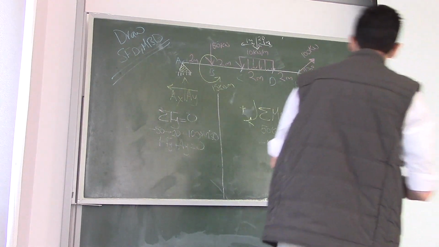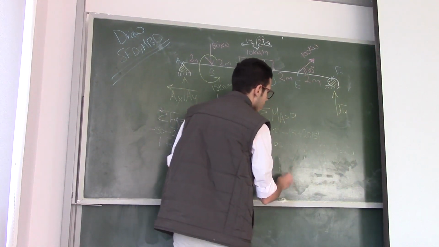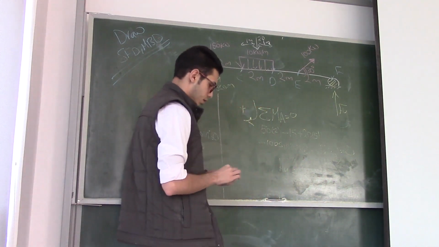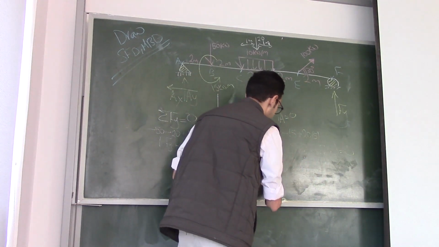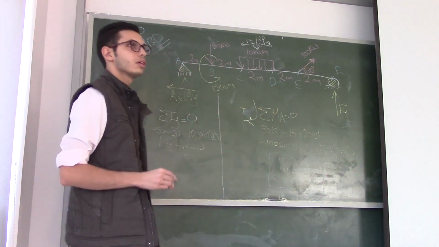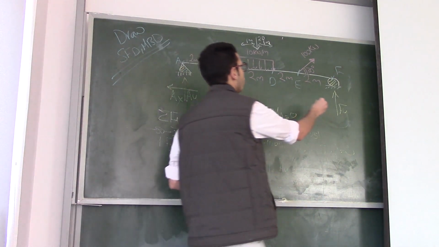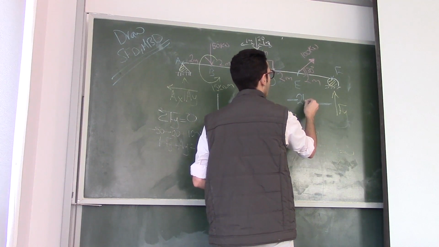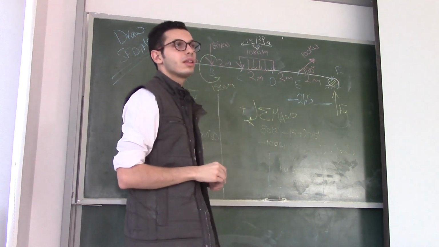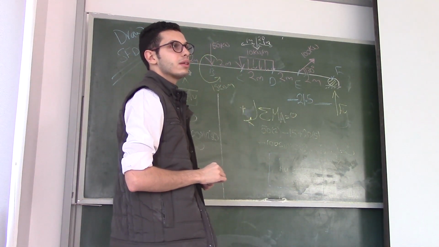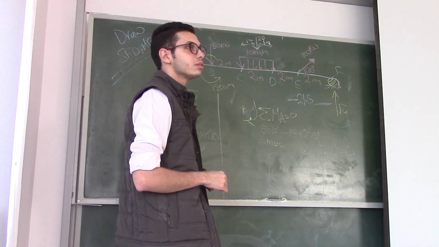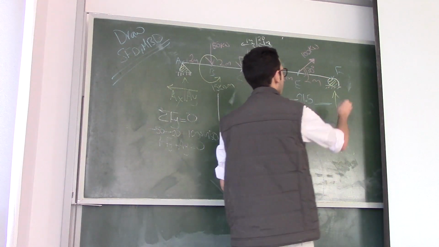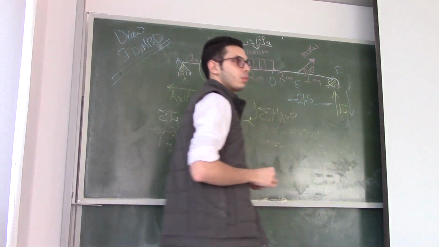So as I said, Fy is 21.5 kilonewton. Is it a negative sign? Yes, negative. Again, Fy here we find at minus 21.5. What does the minus sign mean? Sorry, the direction is wrong. The direction of the force is not up, it should be down.